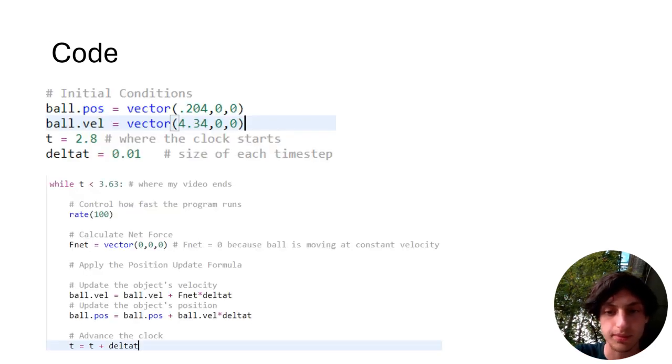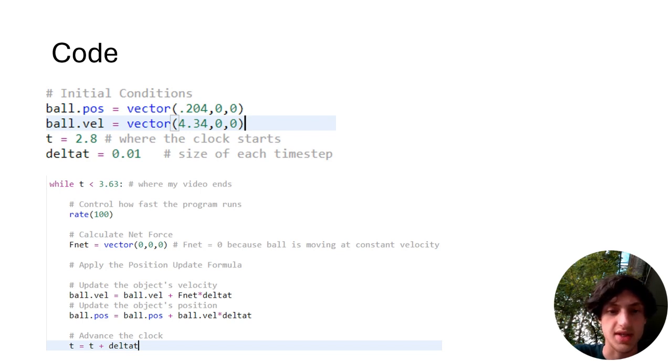Here's my code. My initial position is as close to 0 as I could get it due to some Tracker time step errors, and the initial velocity is 4.34. The clock starts at 2.8 because that's where in the video my car crossed 50 cm. And delta t is the same.